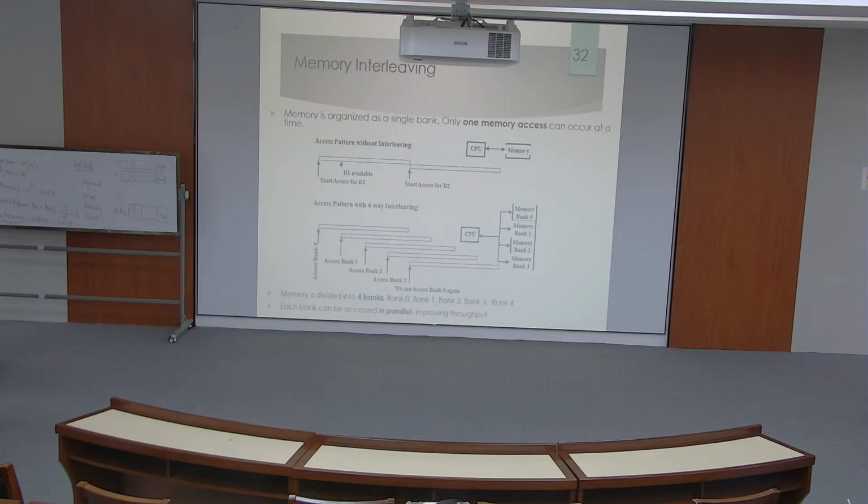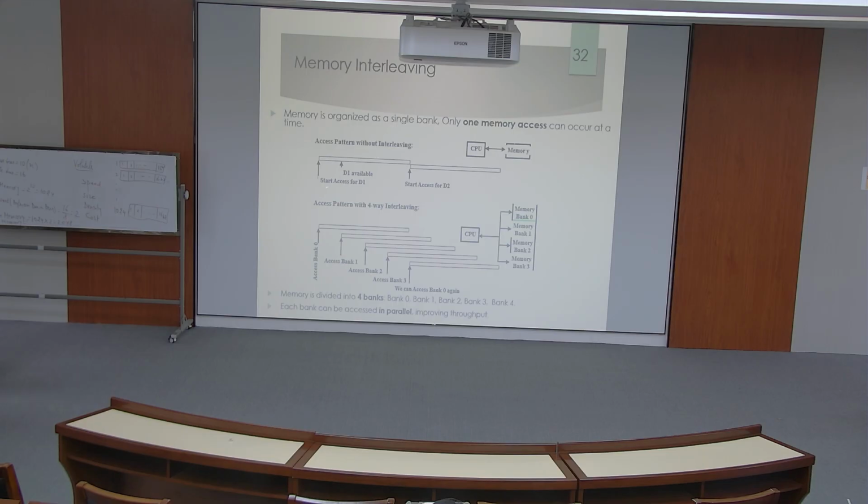Now, memory interleaving. Memory can be organized in a single bank. That means only one memory access can happen at one time. For example, in this picture on the top, we have the access pattern without interleaving. We have to start accessing D1, then wait before accessing D2, because these two are organized as a single bank.